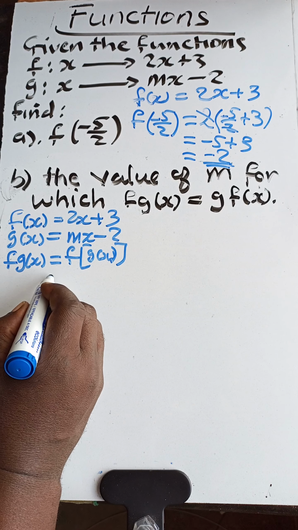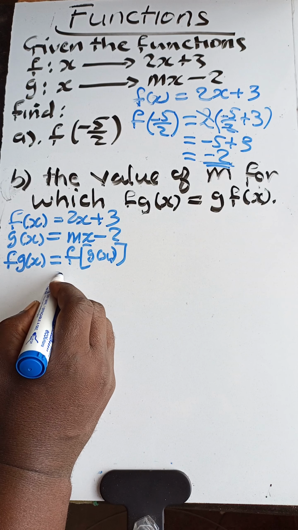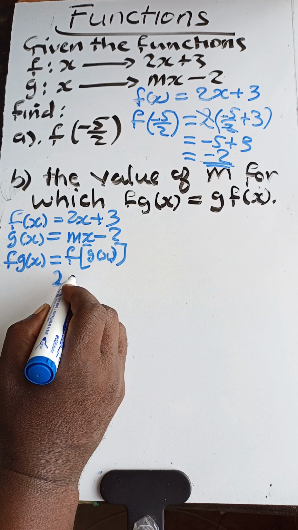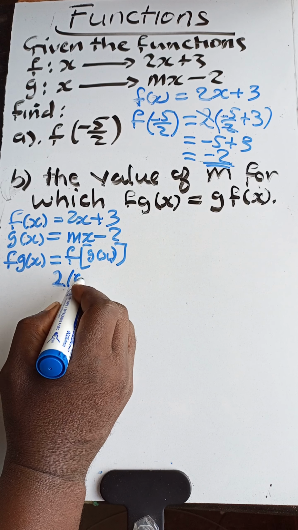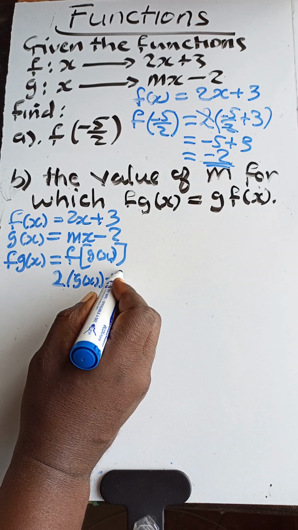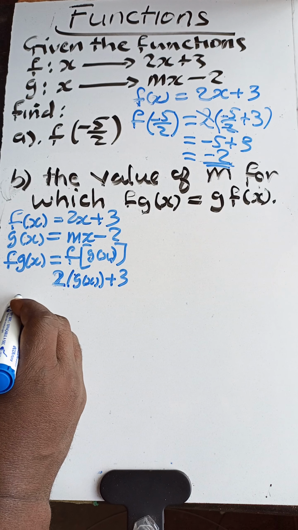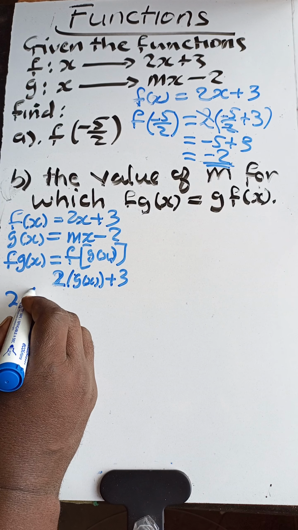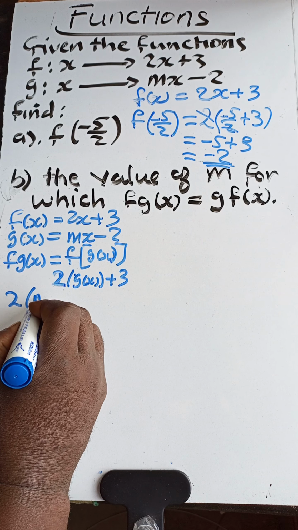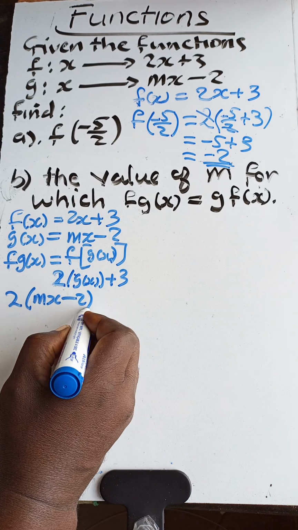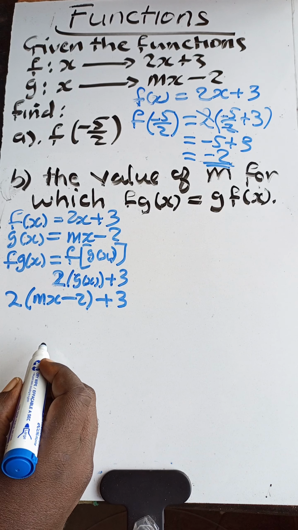This will be equal to 2 multiplied to the g of x plus 3. We know g of x. This will be 2 times mx minus 2, plus 3.